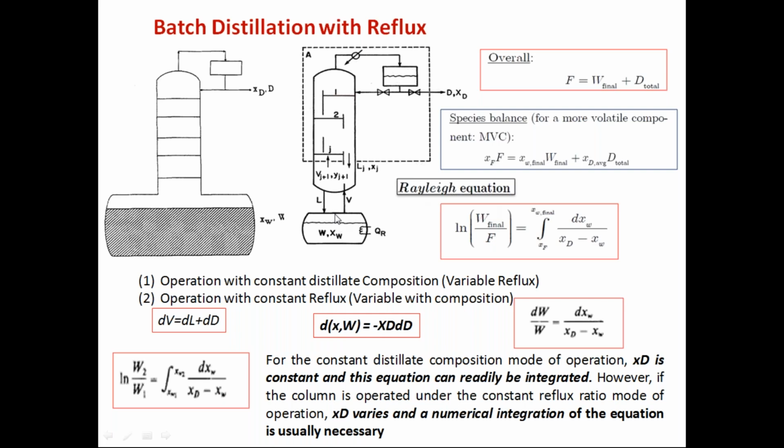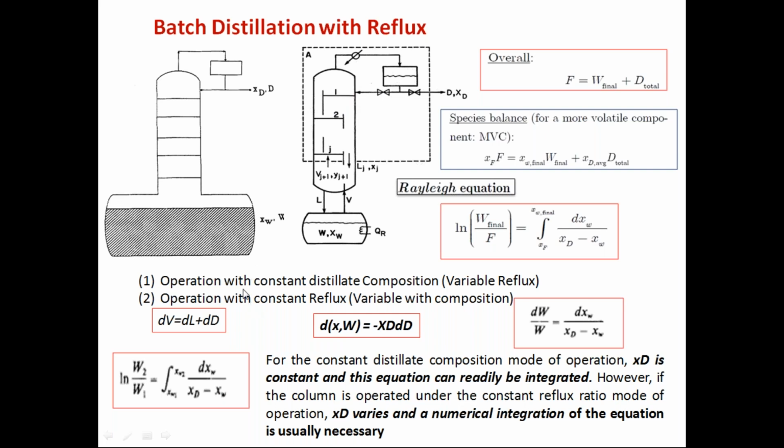But if you want to send some reflux back, then xd will have to continuously vary, or D has to vary. If the D goes on decreasing, then L by D, because the reflux ratio which you should maintain will be constant, isn't it? Or it should vary. Either it should be constant or it should vary.